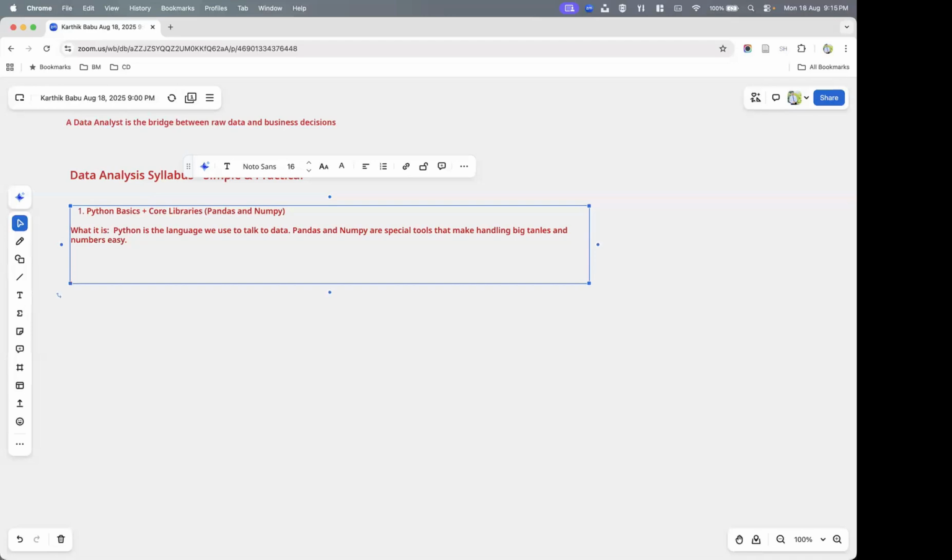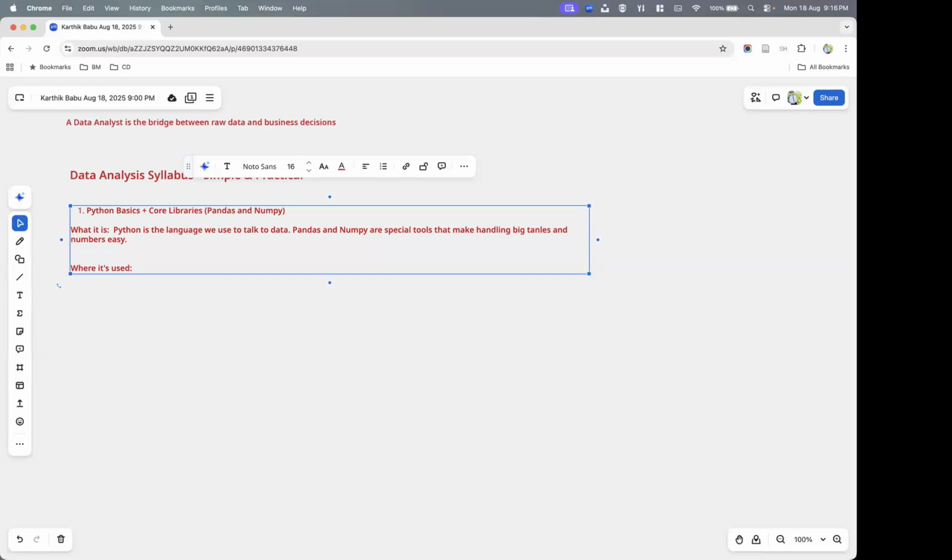Okay, what is the second topic? I also want to give you where it is used. If I say we have to study this, and if I don't say where it is used, you will not be able to understand why you need to study Python basics and core libraries, pandas and NumPy. I'll give you an example. Say you take any bank, any hospital, any application like Swiggy, Zomato, Blinkit, or Zepto.